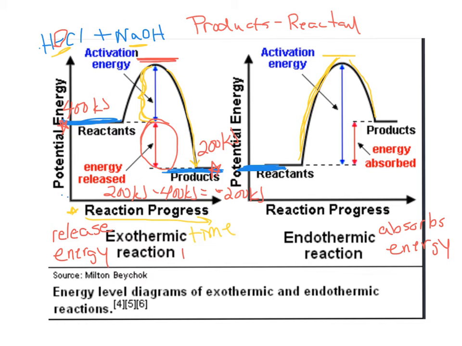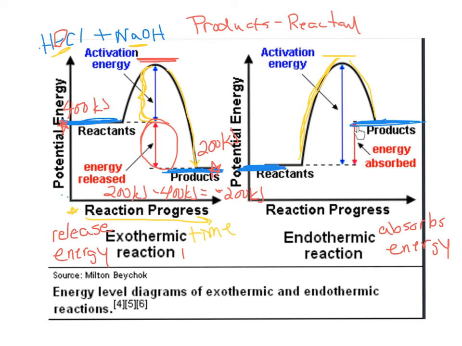And so the activation energy is beginning to go away because not as much is needed. By the time we get to the end, we have all of our products that would be made from this reaction occurring. Now, in this particular graph, notice how the potential energy of the reactants is much lower than the potential energy of the final products.